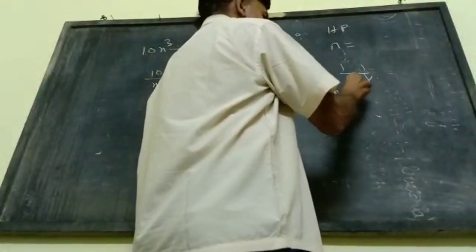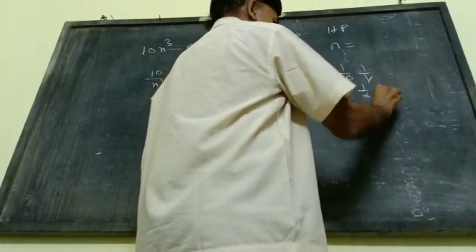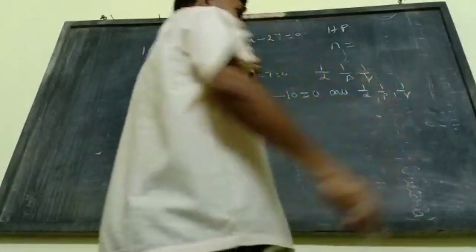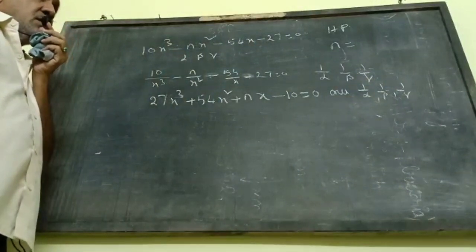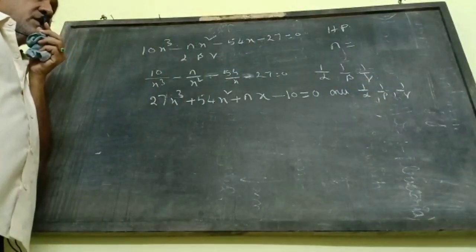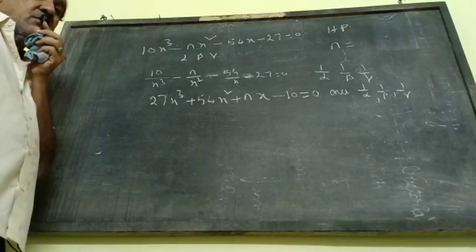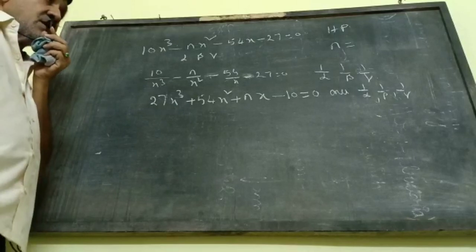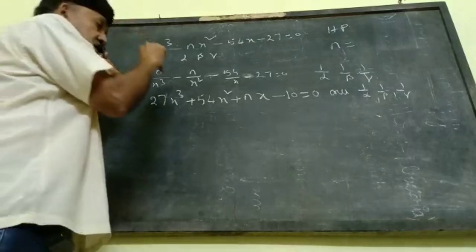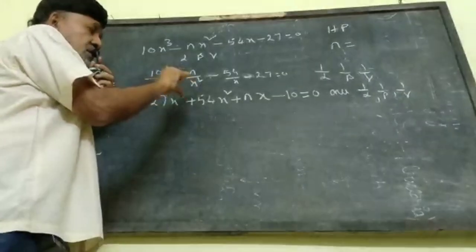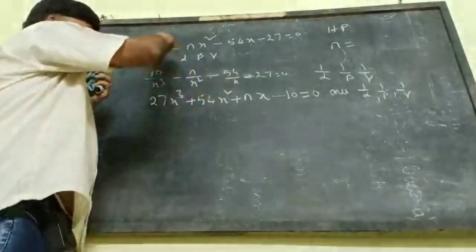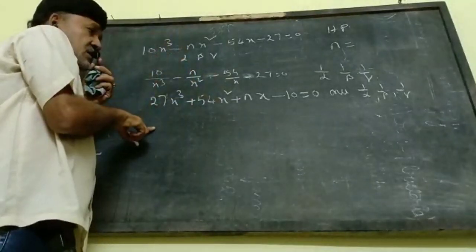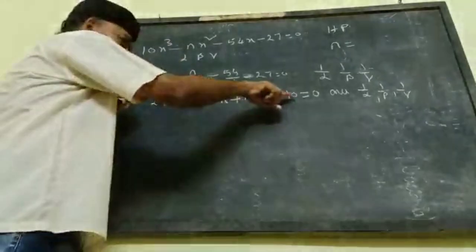So roots are 1 by alpha, 1 by beta, 1 by gamma. Listen, alpha, beta, gamma are in HP. So 1 by alpha, 1 by beta, 1 by gamma must be in AP. That means this equation will have its roots in arithmetic progression. So when you replace x with 1 by x, you will get one resultant equation.